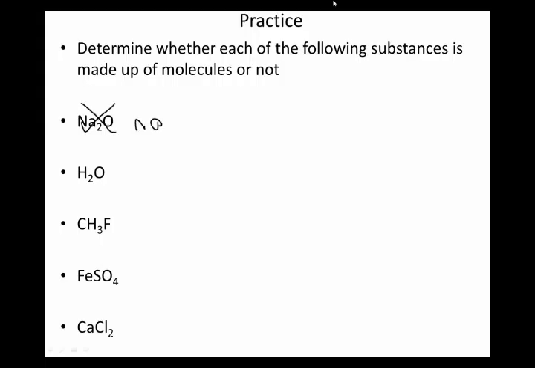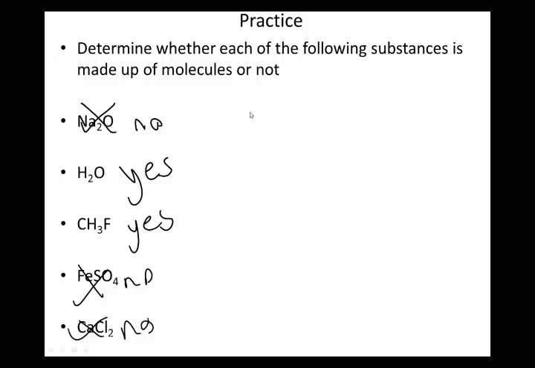Water, H2O, yes, all nonmetals. CH3F, all nonmetals, yes, made up of molecules. FeSO4, iron is a metal, no. Calcium chloride, metal, no, not molecules. So only these two are actually made up of molecules. Hopefully that makes some sense. That is all I have to say about the structure of ionic compounds, really.